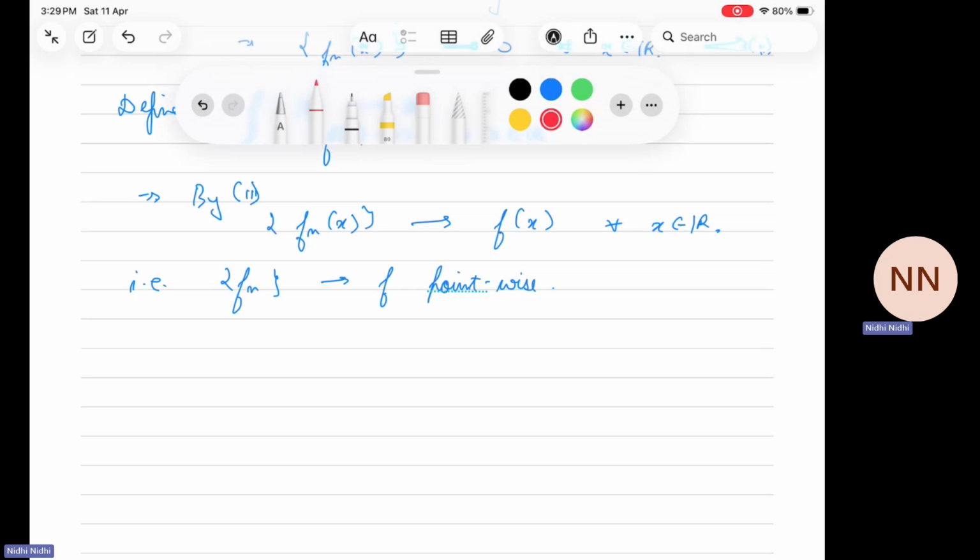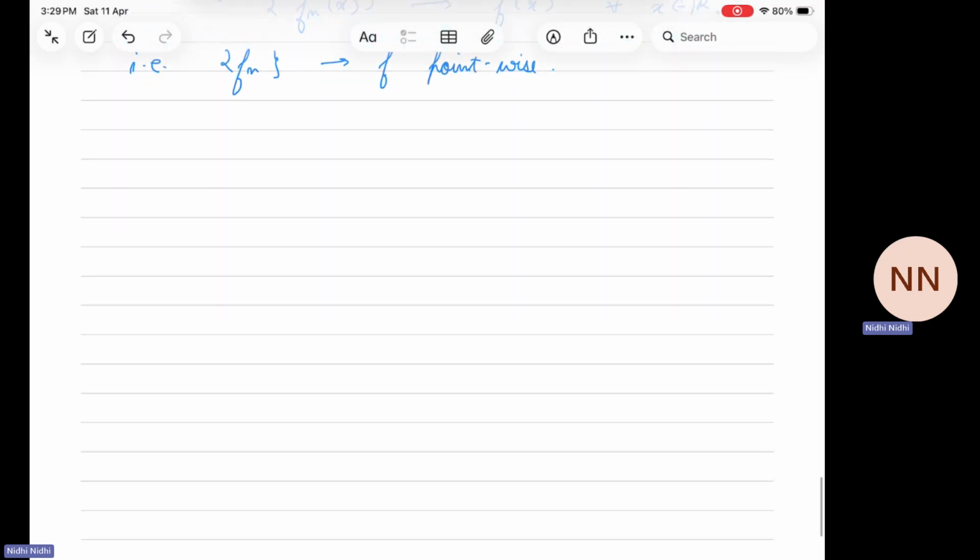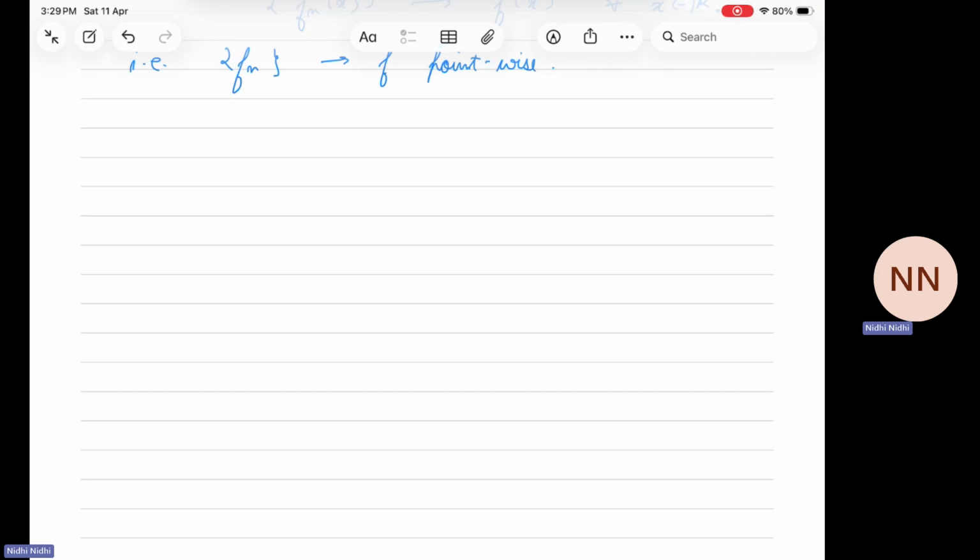So for that, I would like you to recall when do we say that a sequence of functions converges to a function uniformly. This is just something that I want to recall. Suppose this G_n is a sequence of functions.